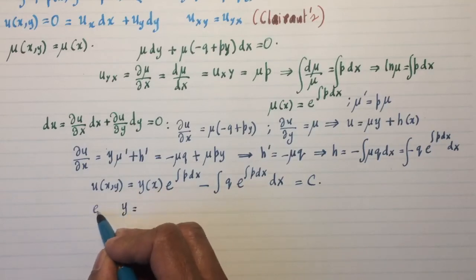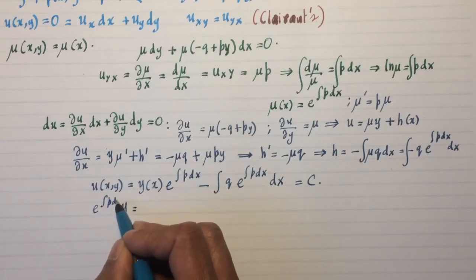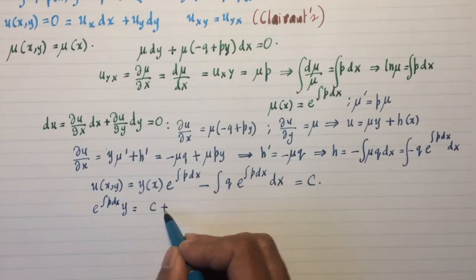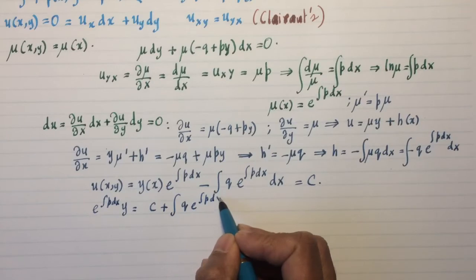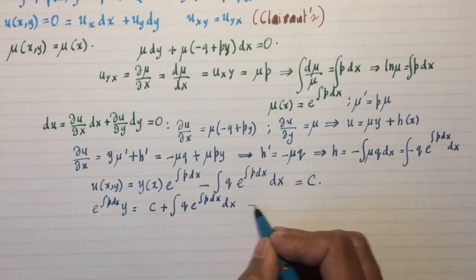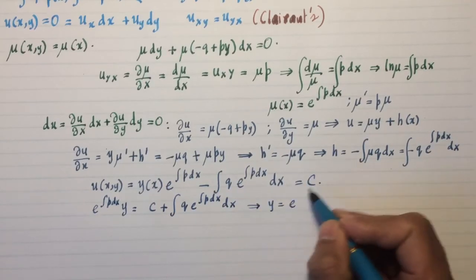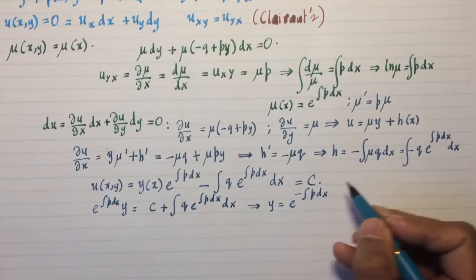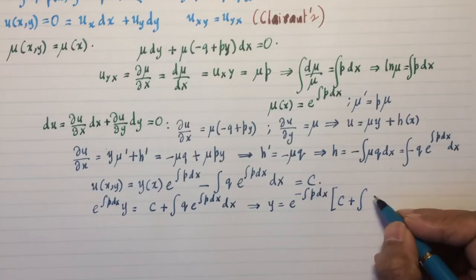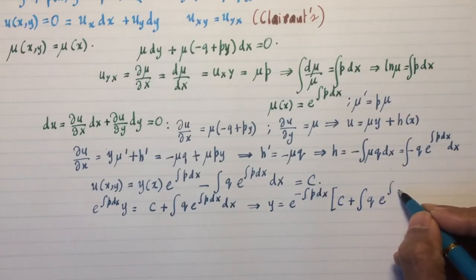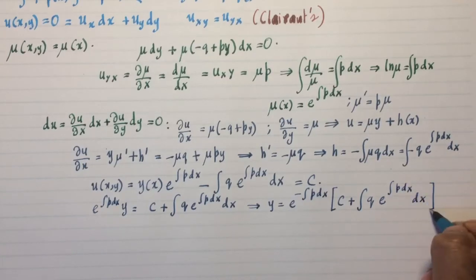Let me just write one more step. y times e to the integral p dx equals c plus integral q e to the integral p dx, which tells me that y equals e to the negative integral p dx times c plus the integral of q times e to the positive integral p dx. So this is the full solution of this differential equation.